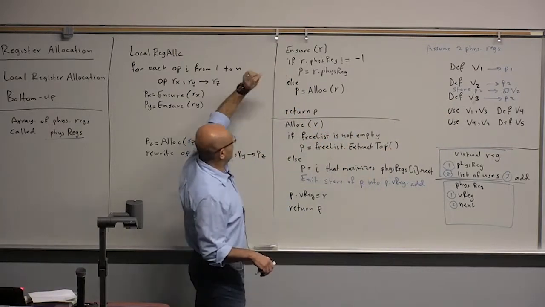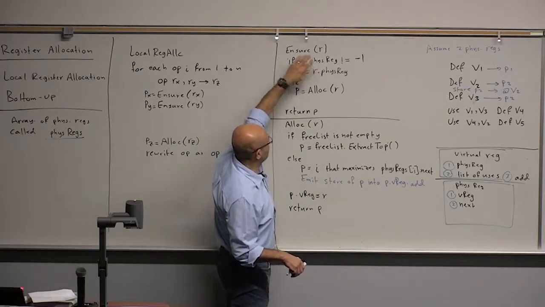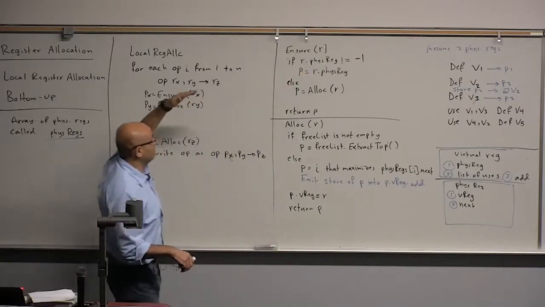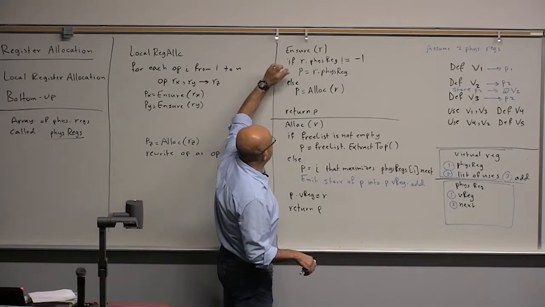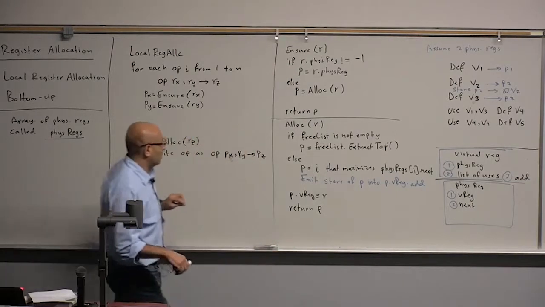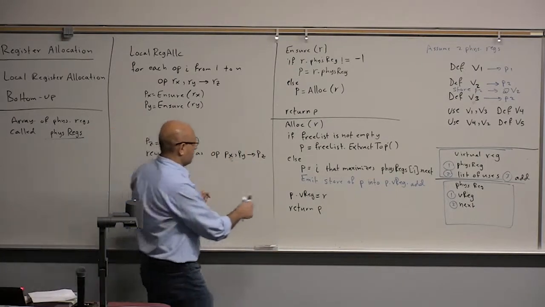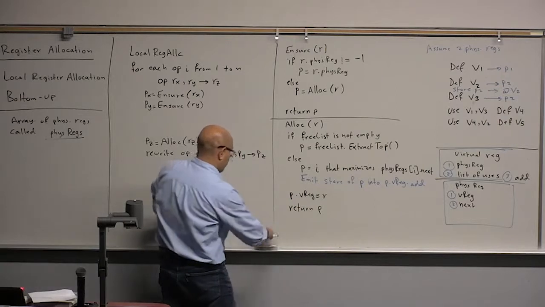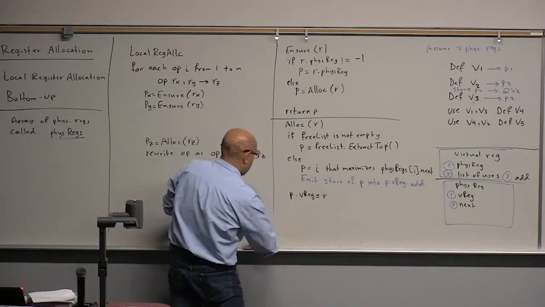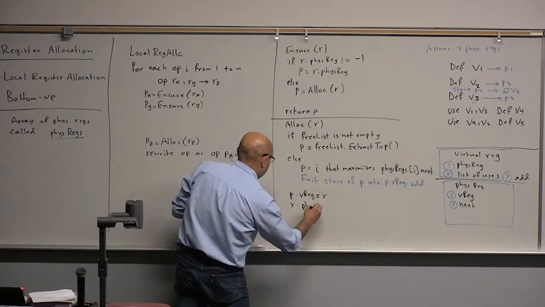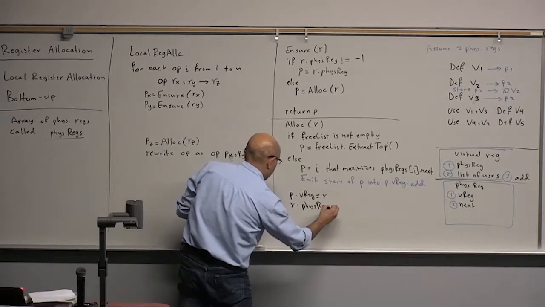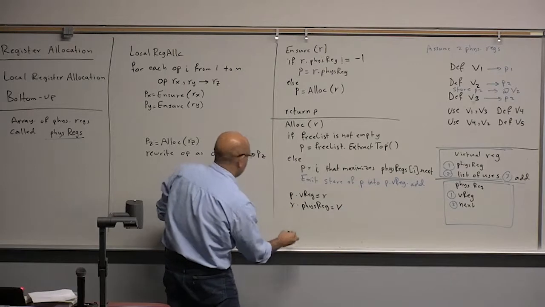So V1 has a valid physical register. Oh, in fact, here when we allocate, P dot virtual register equals R, and R dot physical register equals P. So we link them both together.